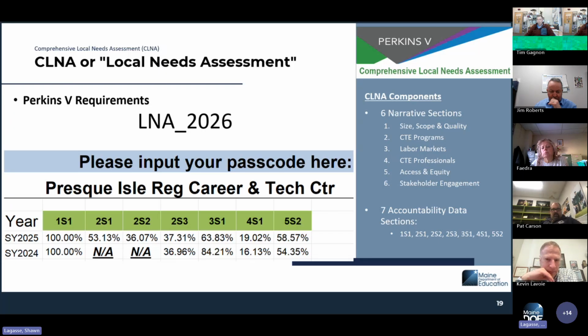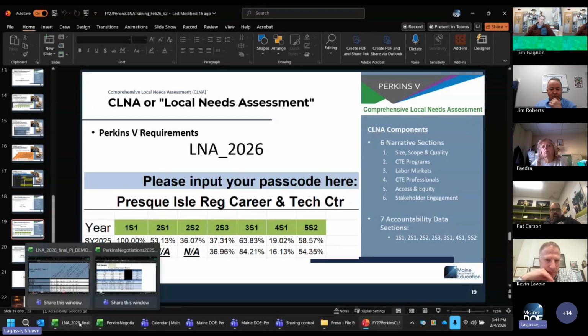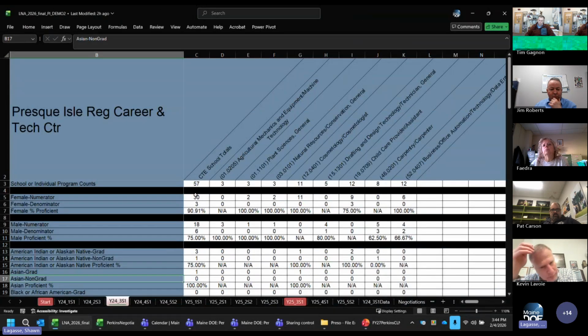So at this point, I'm going to go out to the actual spreadsheet that you folks all have in your Grants for Me. Again, this is Presque Isle's real data. There is no student information that I'm displaying. I remove as much student information as I can from the data before I give it to you in this kind of format.